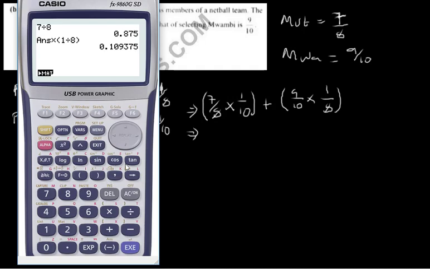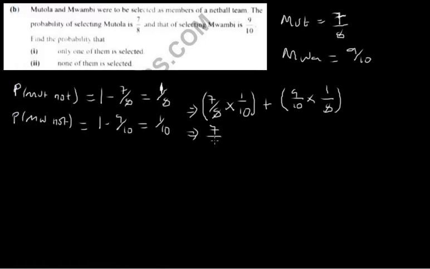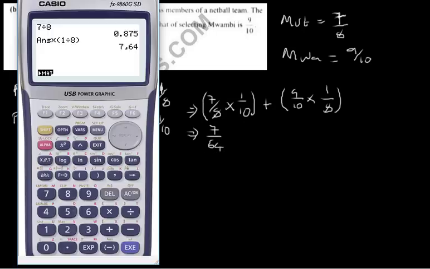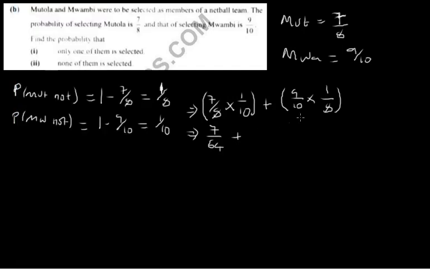And this gives us 0.109375, and in terms of fractions this is simply 7 over 64. All right, yes, 7 over 64 plus 9 over 10 multiplied by 1 over 8.